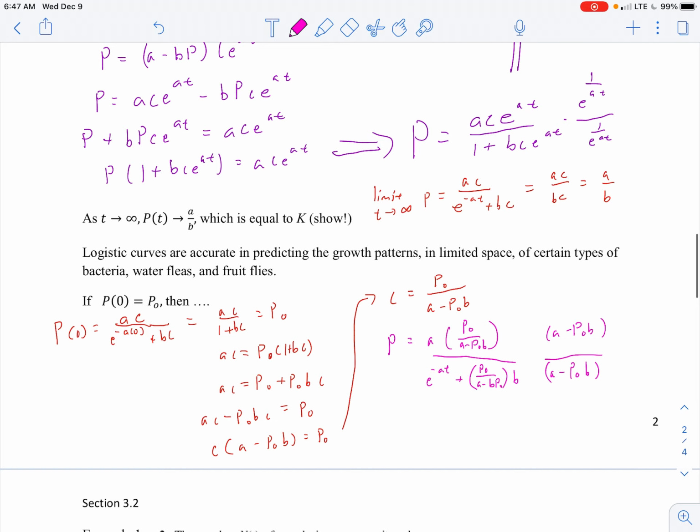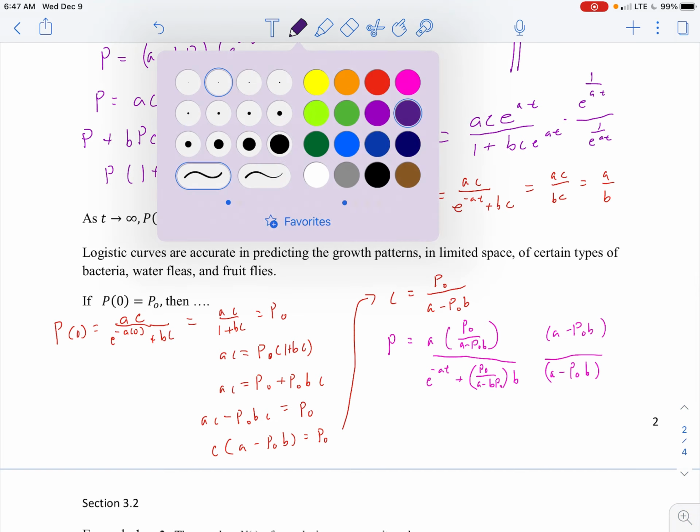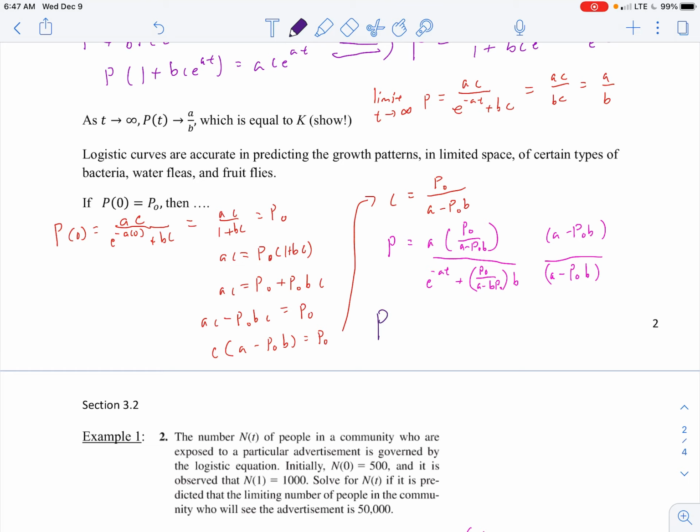So when we do that, P is equal to A P sub 0 divided by, and I'm going to put this term in front, B P sub 0 plus A minus B P sub 0 times e to the negative AT.